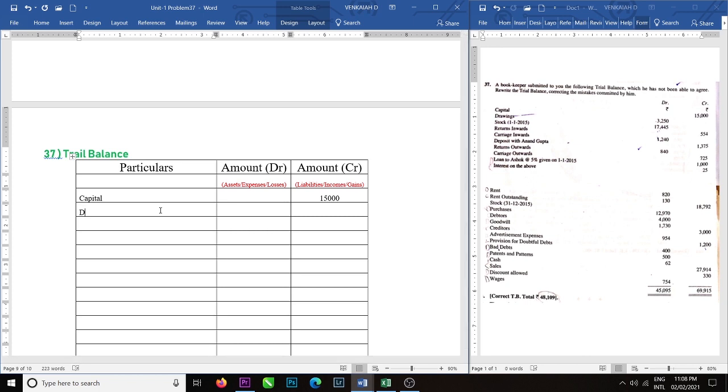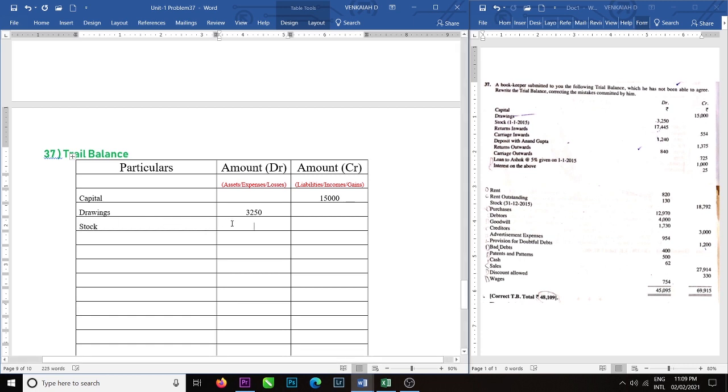Drawings are always opposite to capital, amount is 3250. Stock is asset. Opening stock has to be posted, but closing stock we have to avoid. Closing stock is out of trial balance.